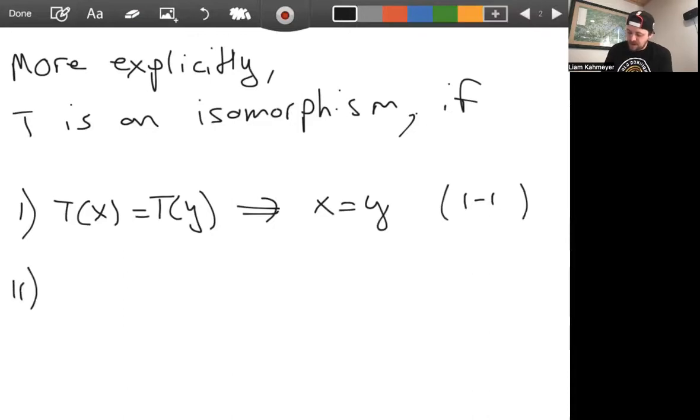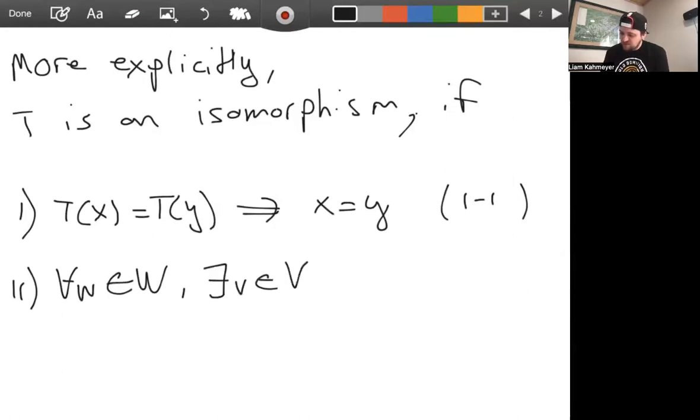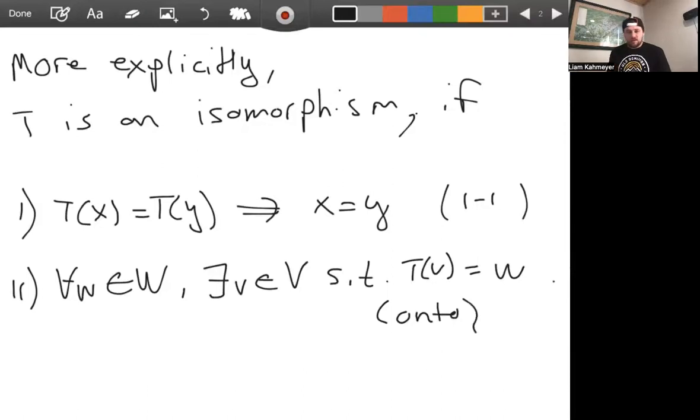And we also have that for every element W contained in the subspace W, there exists an element V in the subspace V such that when you map V under T, you get W. This was the onto criterion. So if both of these criteria hold, then we have an isomorphism.